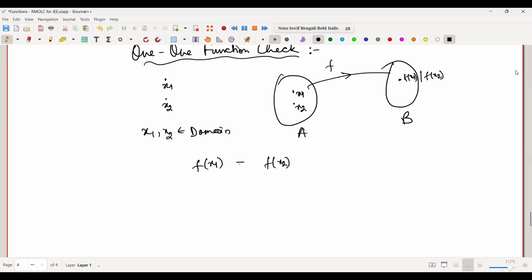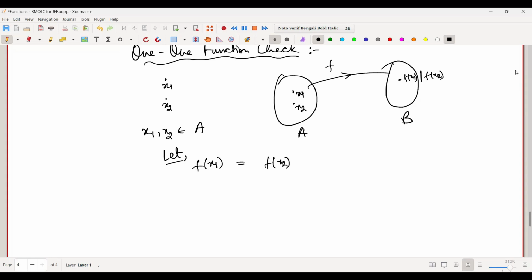So we let f(x1) equal to f(x2). At first we are taking two elements from the domain, x1 and x2 belong to the domain. We have taken the domain as A. So x1 and x2 belong to A, and after that we assumed that f(x1) equal to f(x2).